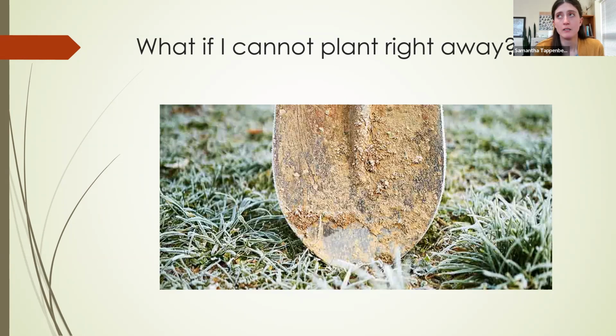If the temperatures are going to drop to the low teens, like really cold, freezing conditions, that's the case where you want to put those into a protected area. If you're not able to get them in the ground right away, you don't want to put them into a place where they're going to start to wake up during storage. You don't want to bring them out of dormancy if you can prevent it until you're ready to have those plants in the ground.